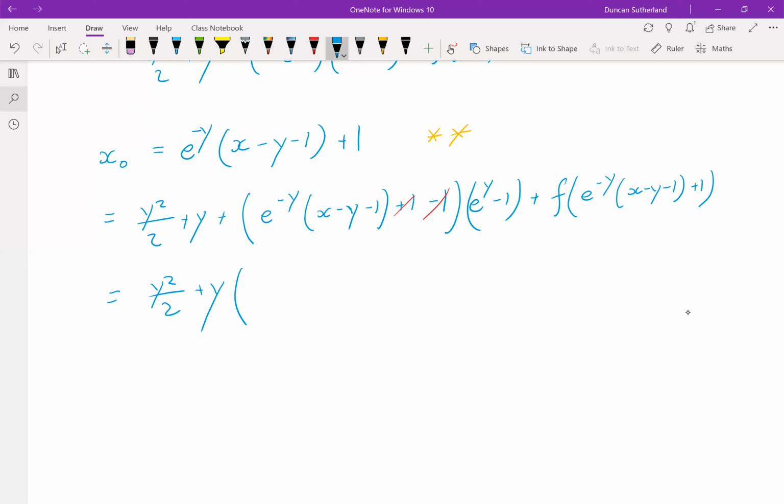So we get x minus y minus 1 when we multiply this by e to the minus y, x minus y minus 1 e to the minus y. Right, so obviously this term simplifies out a little bit, plus this f term, which is still, there's nothing we can do about this one.